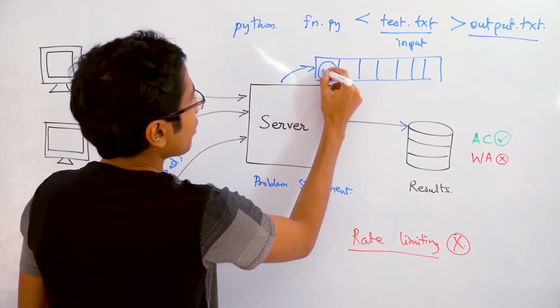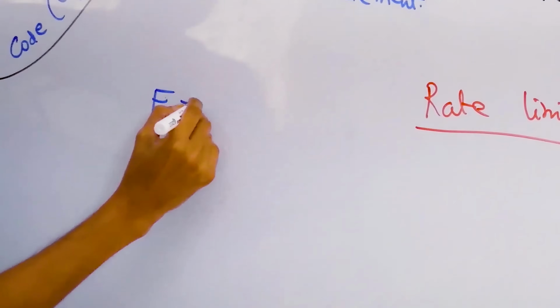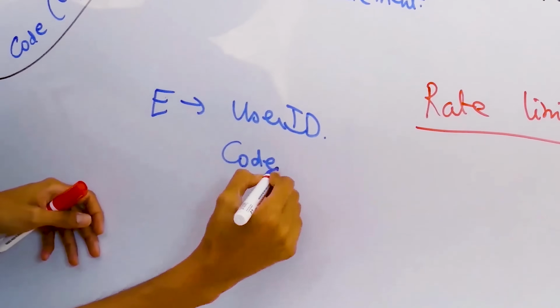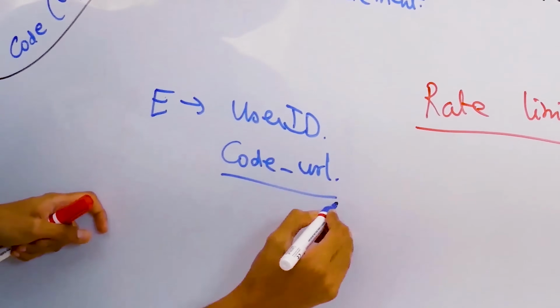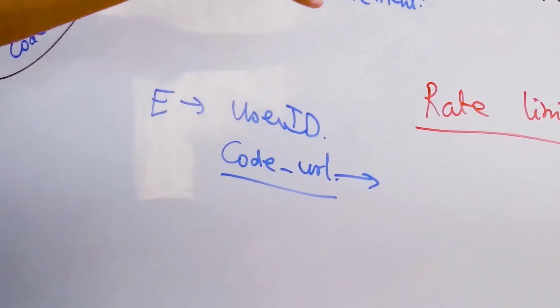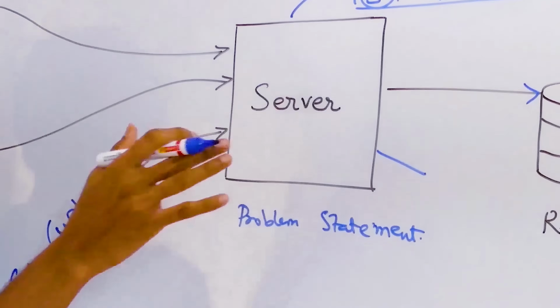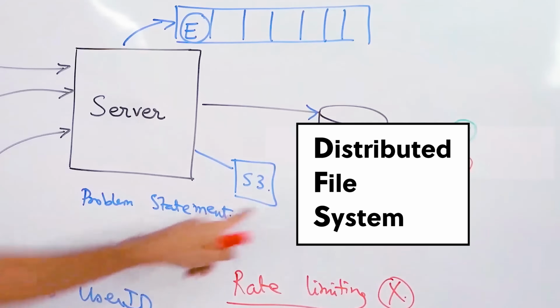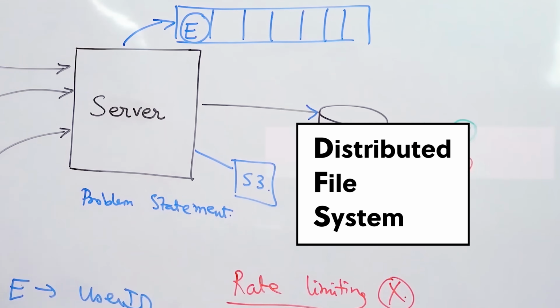So for example, every event here, E, will have the user who actually uploaded this file, the code URL. So that would be a file URL, basically pointing to a file in some other system. You're not going to be storing it in your server actually. You're probably going to store it in something like S3. Okay, a distributed file system is a good idea to store files.